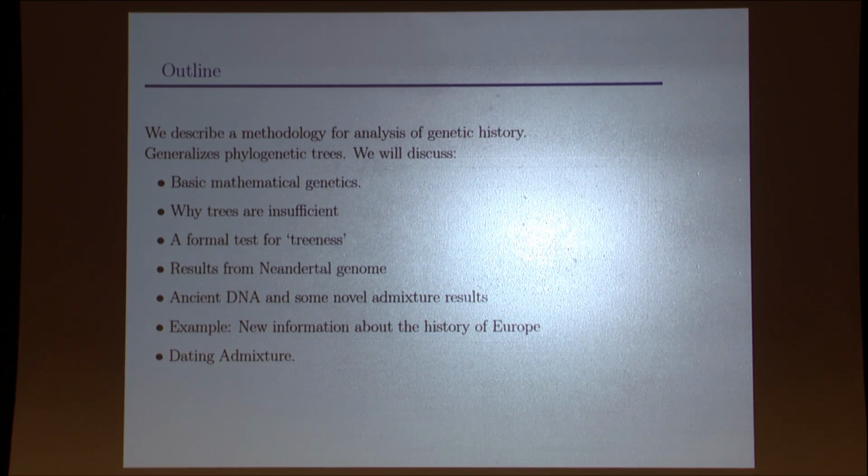And right at the end, I want to talk about methods for trying to date admixture, because we have tests we can very readily tell that a population is admixed, but it's not always so easy to tell when that happened.